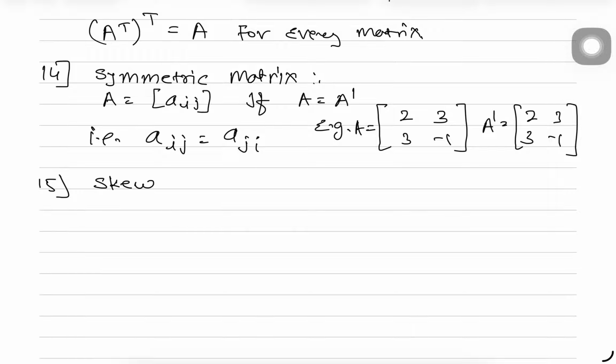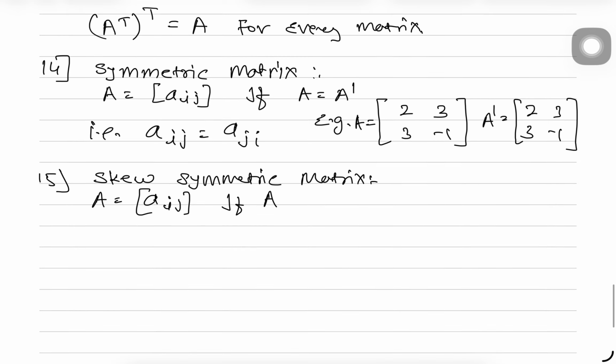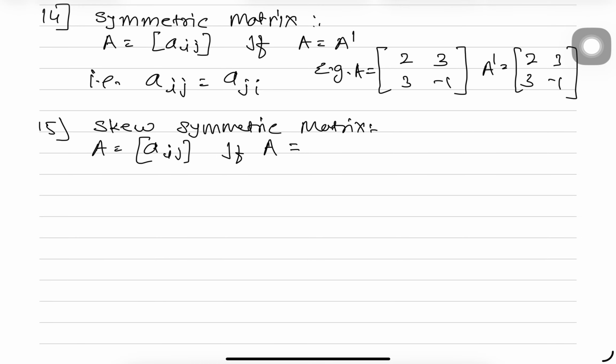Next, the 15th: skew symmetric matrix. A matrix A equal to A of ij is called a skew symmetric matrix if A is equal to minus A dash, that is, A of ij is equal to minus A of ji for all i and j.